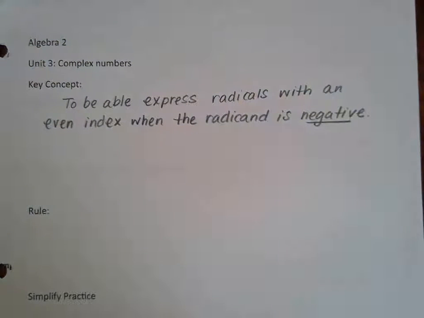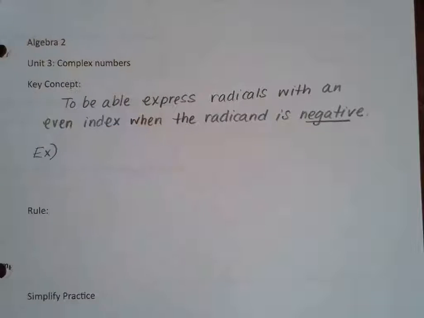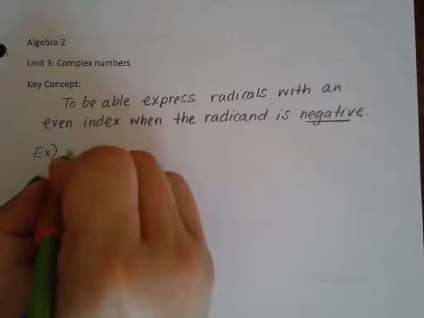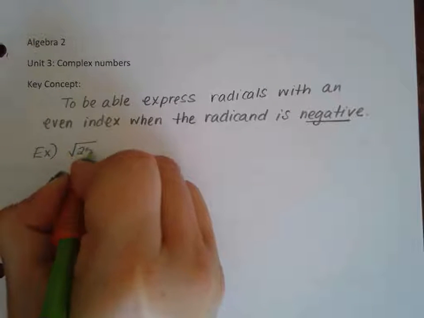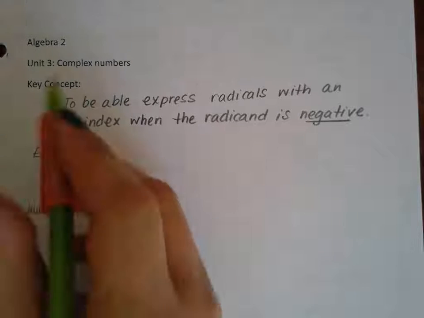Go ahead and pause the video if you need a couple of seconds to write all that down. I'm going to talk about what a radicand is and how we're going to handle this when it happens to be a negative number. Before, let's go back to our square root of 25.